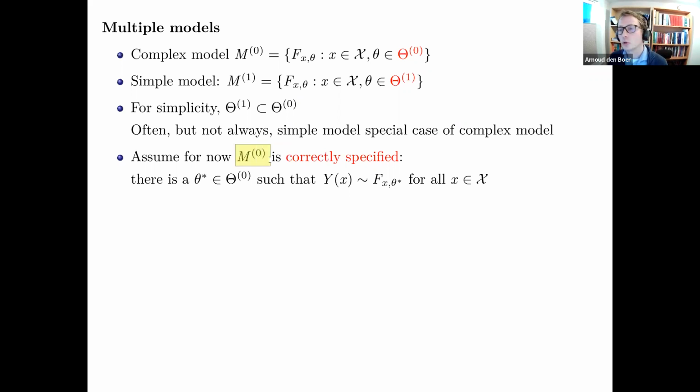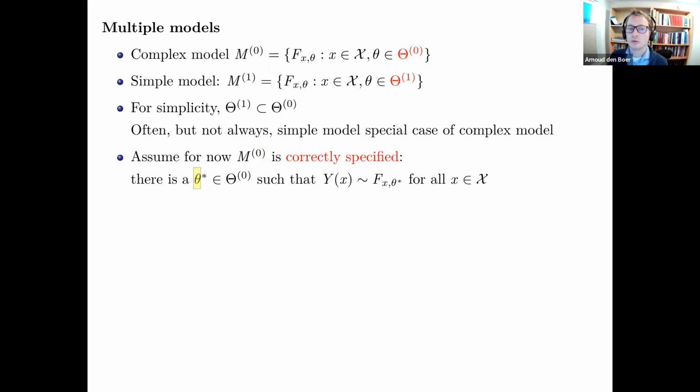Modeling errors of the most complicated model that we have are much more difficult to analyze. If you want to think about the modeling error of the most complex model, you need to assume something about the data generating mechanism. And what do you assume? So we assume for now that this is correctly specified, without saying that thinking about the misspecification of the most complicated model is not important.